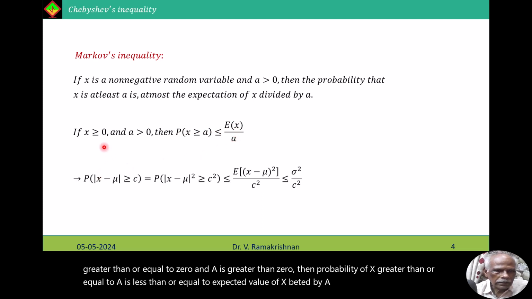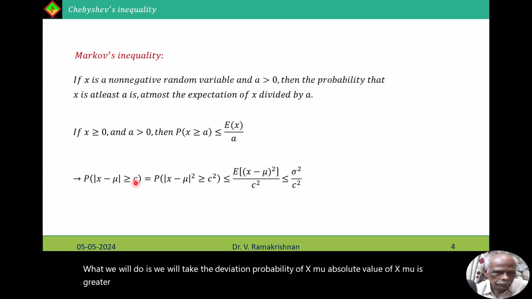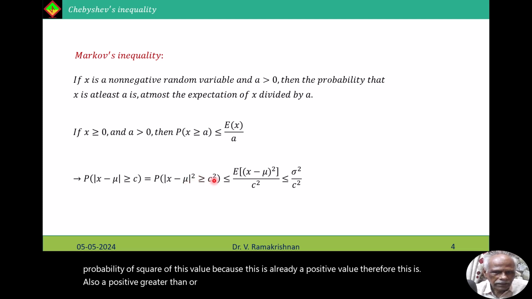What we will do is, we will take the deviation. Probability of absolute value of x minus mu greater than or equal to c. That is x minus mu I have taken, instead of a I have taken c. Same as probability of square of this value, because this is already a positive value, therefore this is also positive, greater than or equal to c squared, is less than or equal to expected value of x minus mu whole squared, which is nothing but variance.